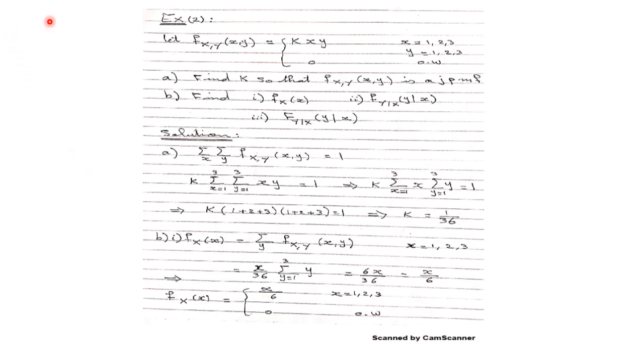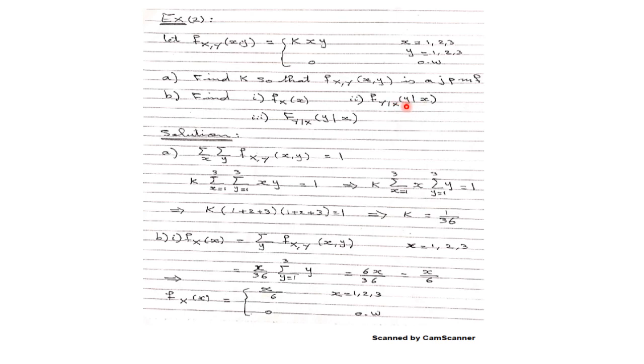Now remember what's the second question? We need what? The conditional probability mass function of y given x. Okay, what's the definition of this from last time?